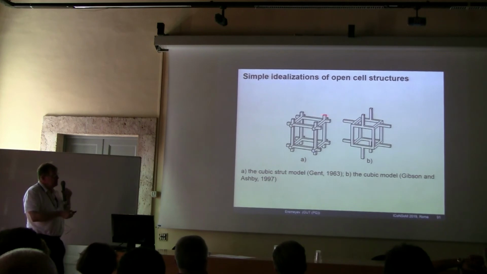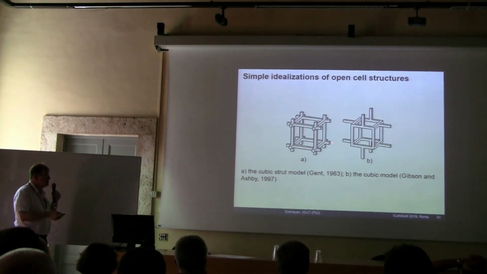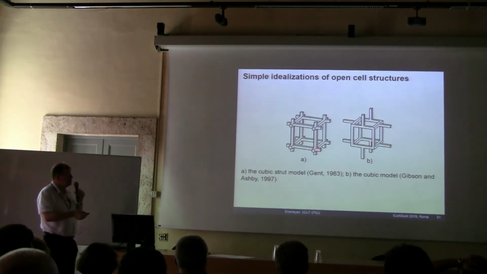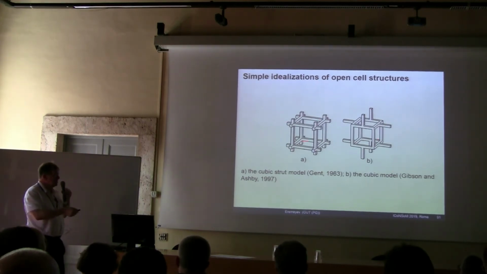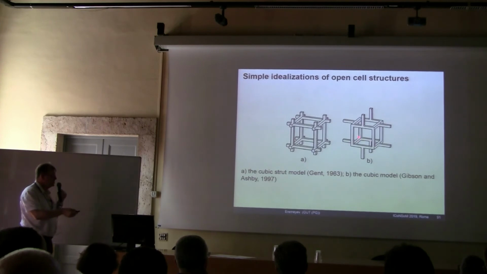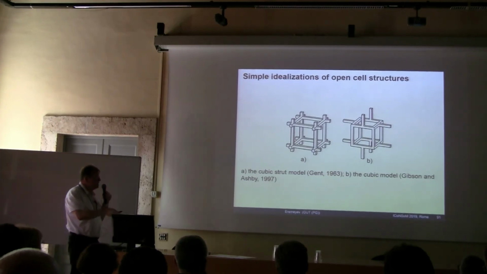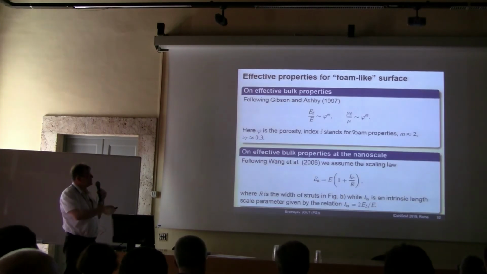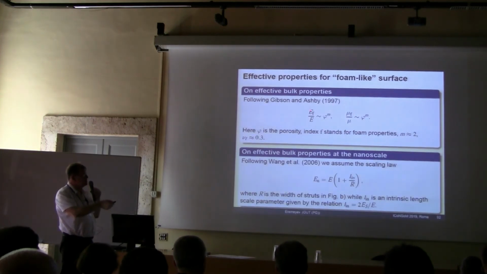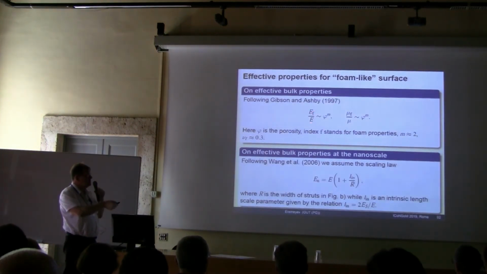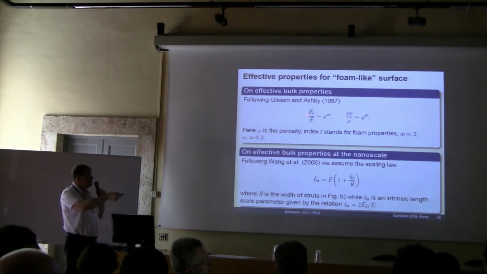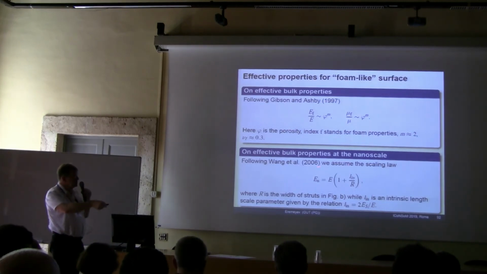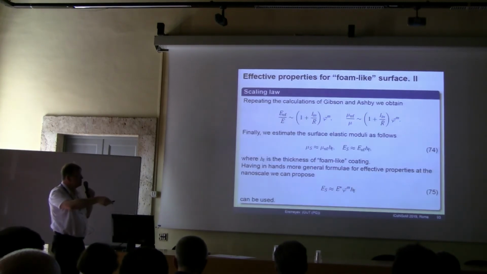If it's foam, let me remind you that for cubic, open-cell foams, there are some models, by Gent, Gibson and Ashby, more popular, which give us relations between foam stiffness and stiffness of the material, which depends on the porosity. If we modify these formulas for the nanoscale, we come to such a scaling law, which looks like that.